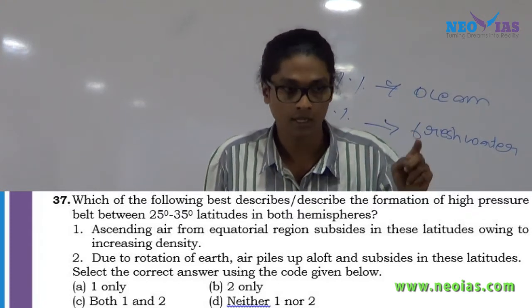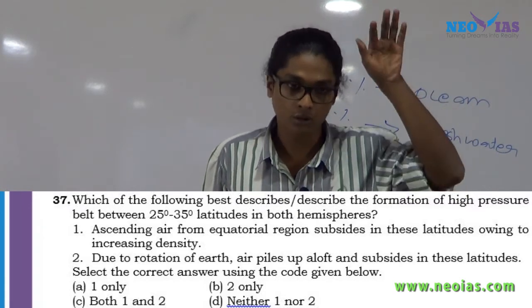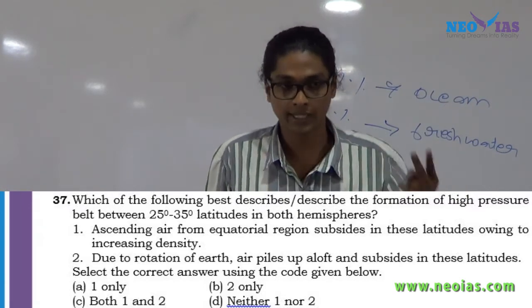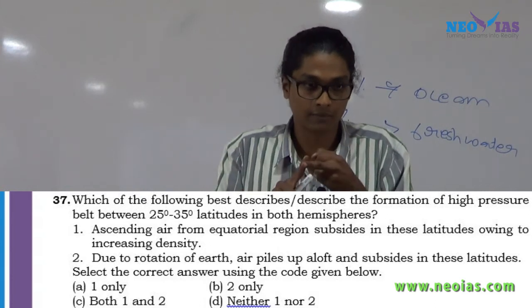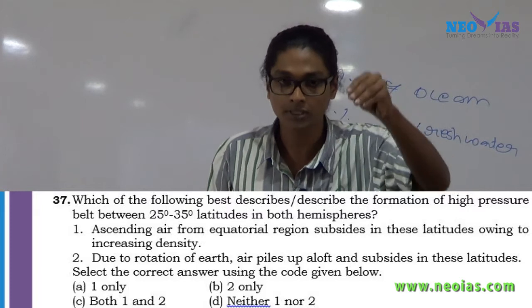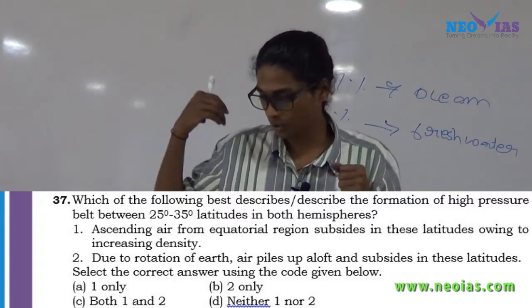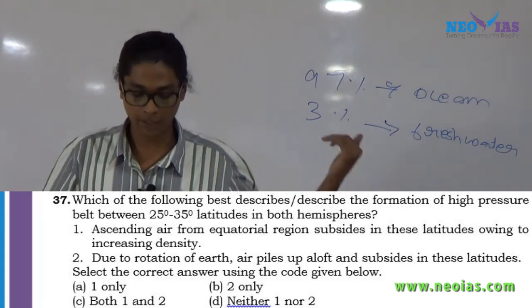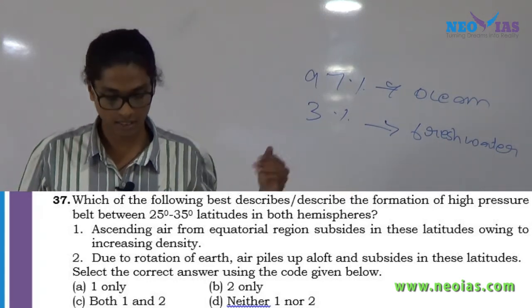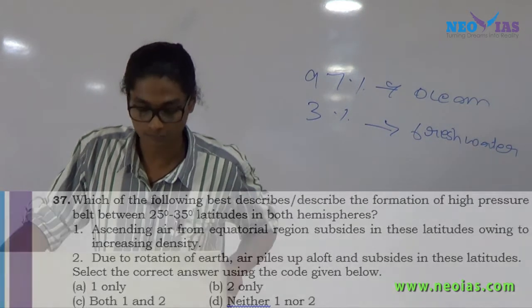One, as the air goes upward, the density will increase so that it will subside. The second reason is the jet streams. We have west to east flow of winds in those latitudes and it will create a blocking effect, right? I am not going into detail on that part, it was well covered in our sessions. So the answer will come out as C, both 1 and 2.